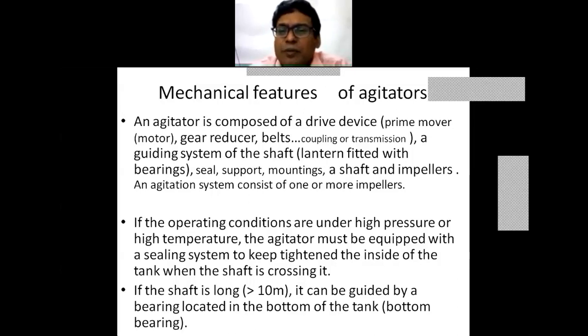An agitation system can consist of one or more impellers, not necessarily only a single impeller. It can be multiple impellers. If the operating conditions are under high pressure or high temperature, the agitator must be equipped with a mechanical seal system to keep the inside of the tank tight where the shaft crosses it. If the shaft is longer, then certain bearings can also be provided at the other end.